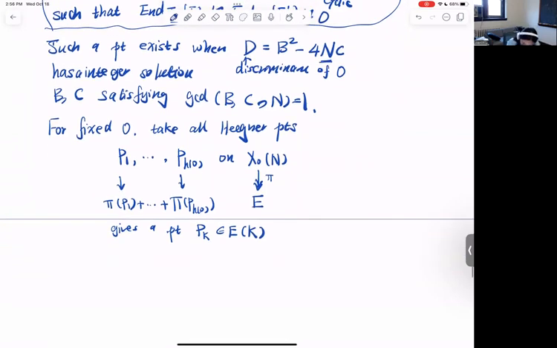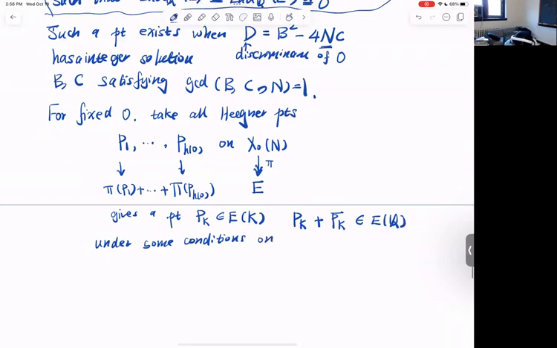Okay. And then under some conditions, well, we can furthermore construct the complex conjugate. Now this is a point in E of Q. Okay.